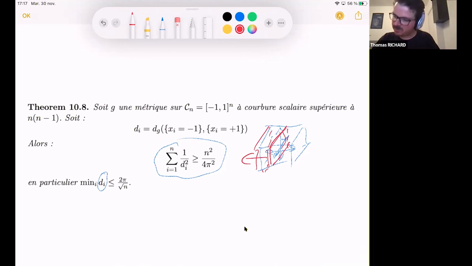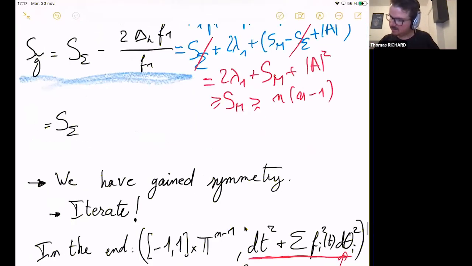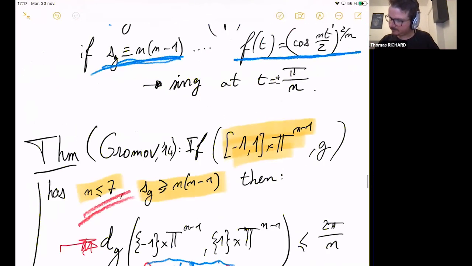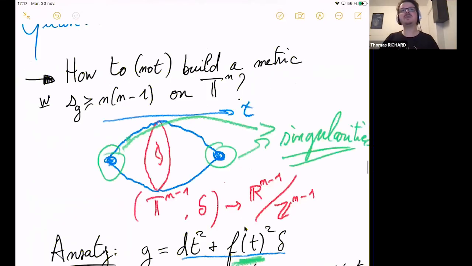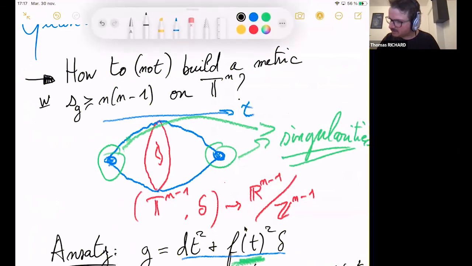Maybe another way of explaining that: when you look at our example here, the stable minimal surfaces that we use go from there to there, and so they do have boundary. And we don't like boundary; boundaries are complicated to deal with, so we prefer not to have them.